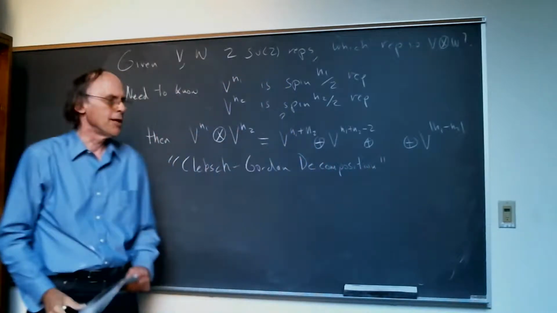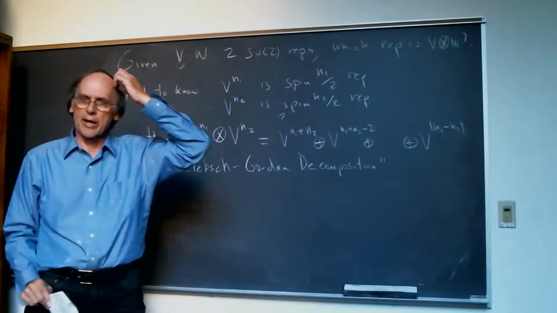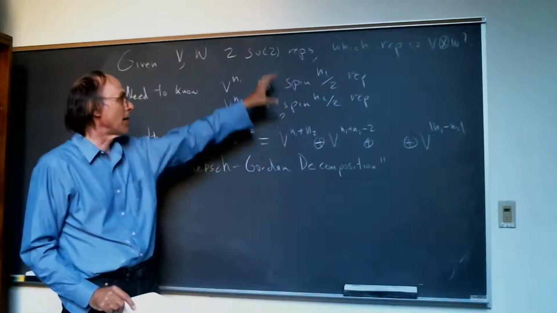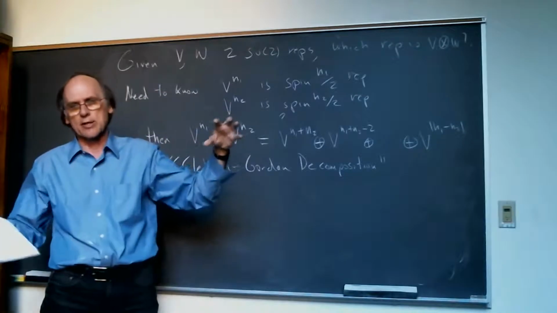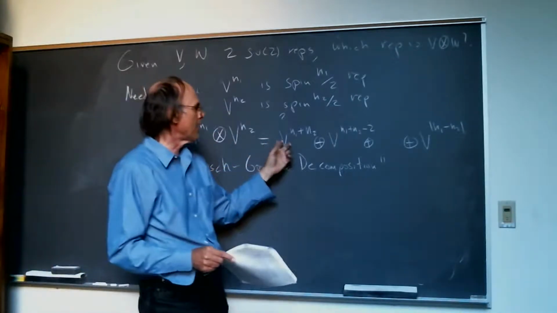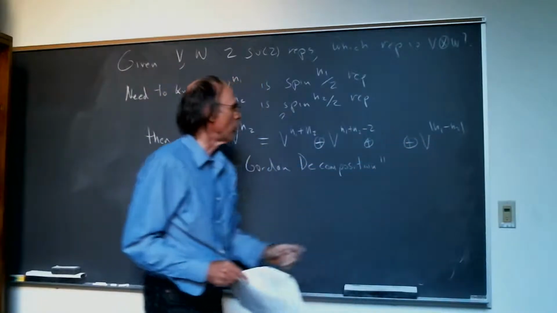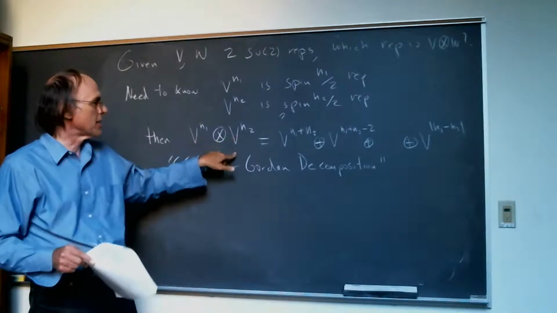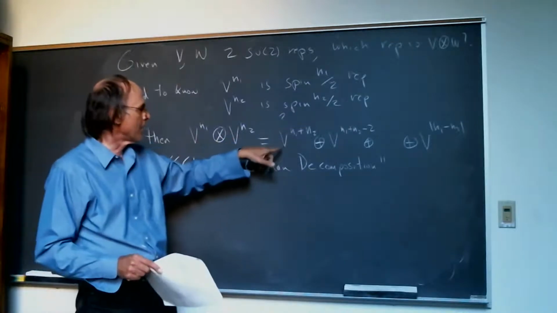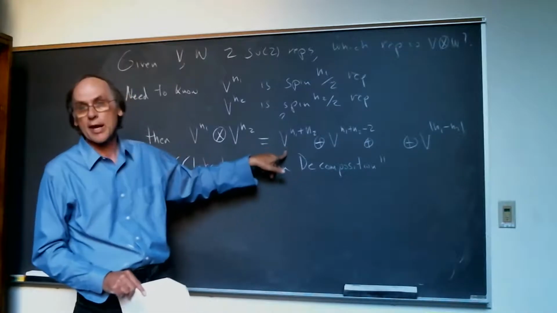And if you try to prove this by direct attack, by using the definition of a tensor product and looking at the tensor product representation, there is a way to do this where you look at the tensor product representation and find inside it this representation.